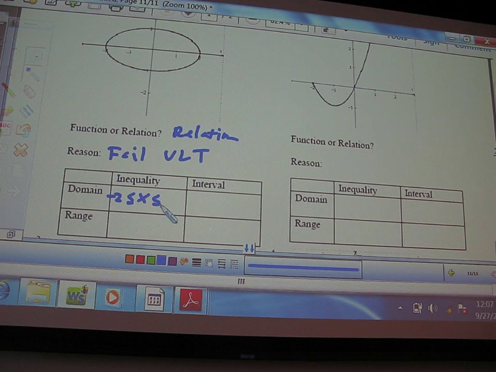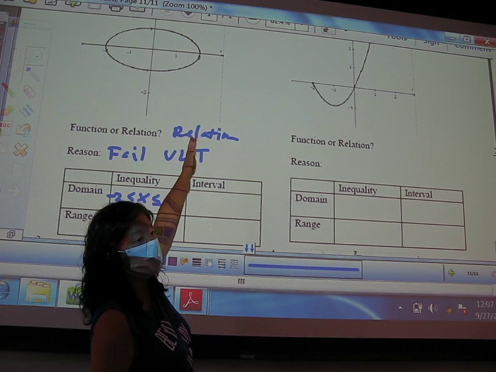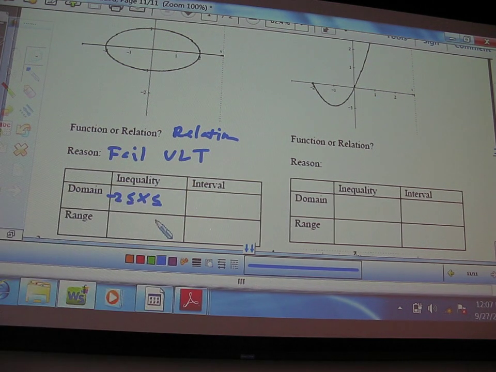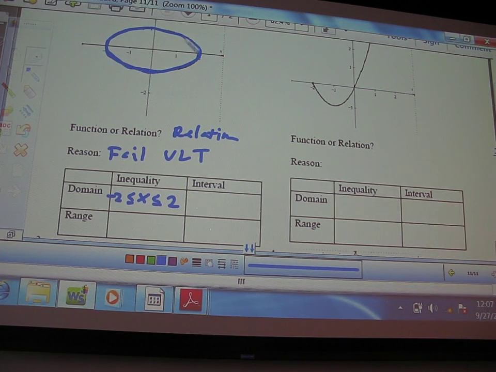And then the other side is going to be less than or equal to, what do you think? What's the furthest right it goes? +2. Does everyone understand? As I go along this circle, the furthest left I get is -2, the furthest right I get is +2. Does everyone sort of follow me? What's the highest I go?